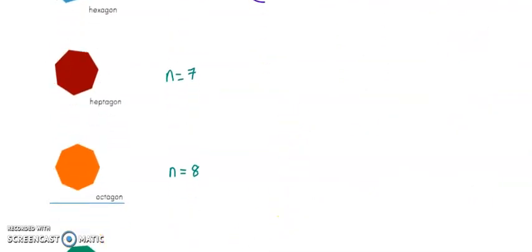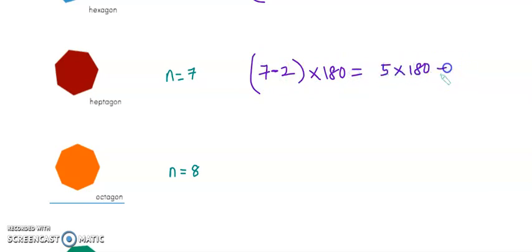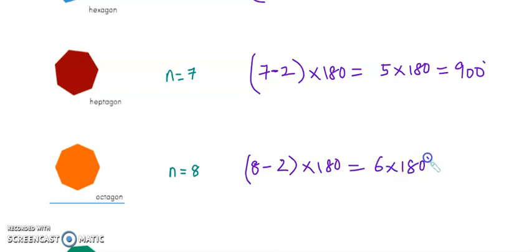So let's see for heptagon and octagon. 7 minus 2 into 180, which is 5 times 180, which is 900, right? Next, 8 minus 2 multiplied by 180, which is 6 times 180, which is 1080.